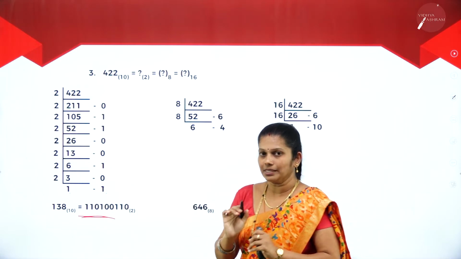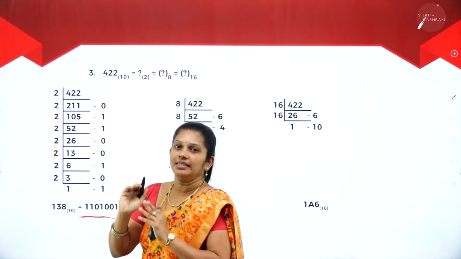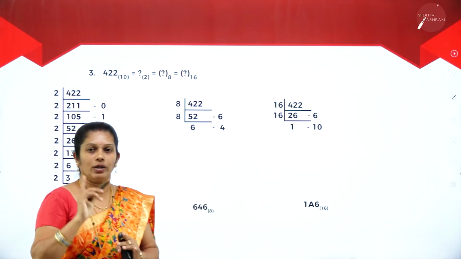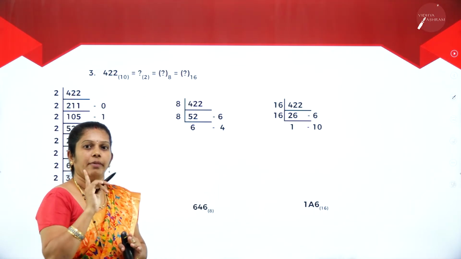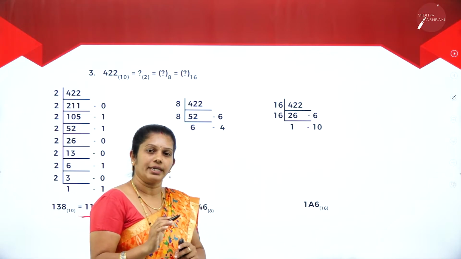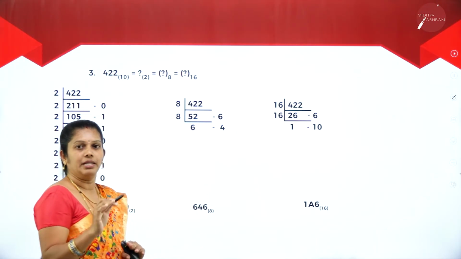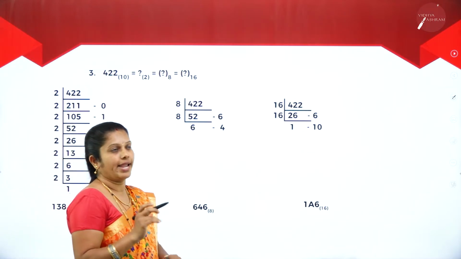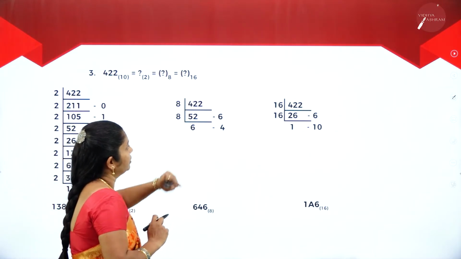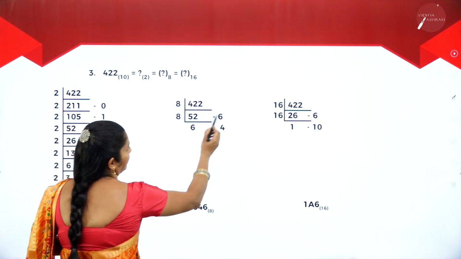Now is it clear? It means that if I want to convert any decimal number to binary, what is the procedure? Divide that by 2. If I want to convert any decimal number to octal number, then compulsorily you have to divide that number by 8. Then see, 8 52s are, then remainder is 6.